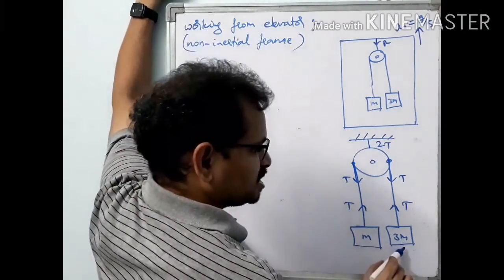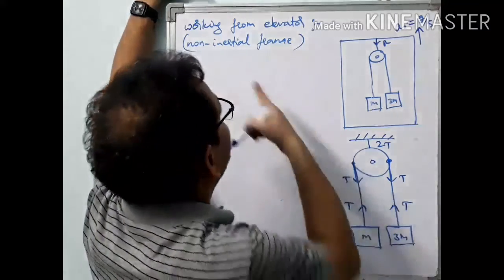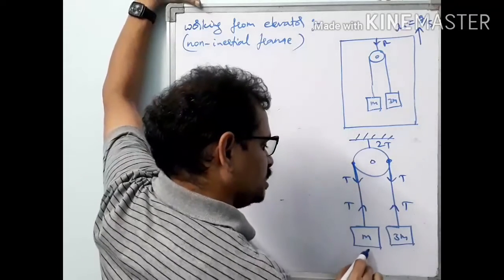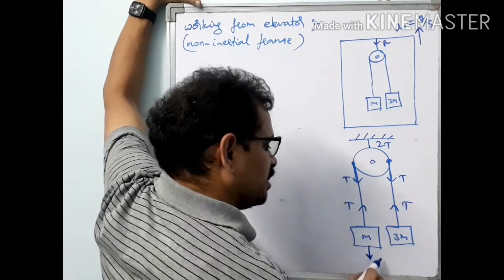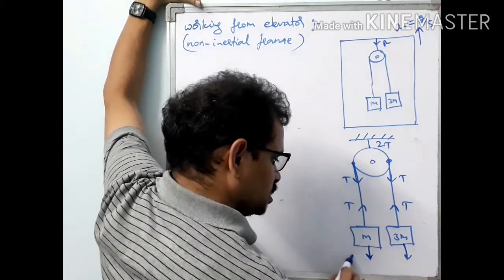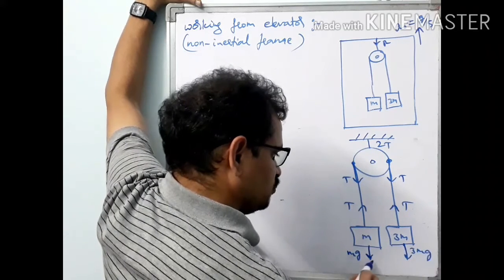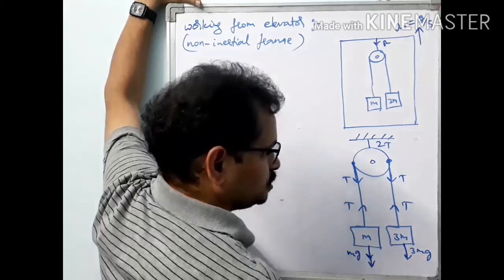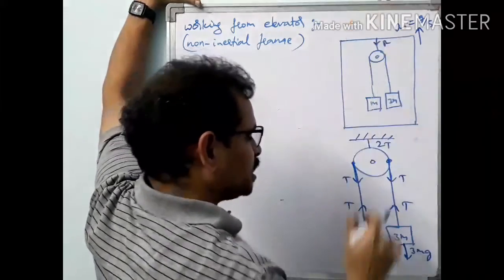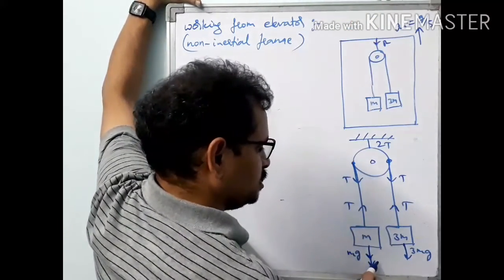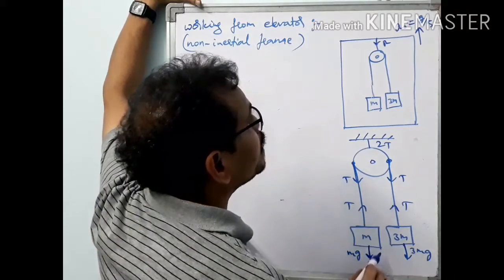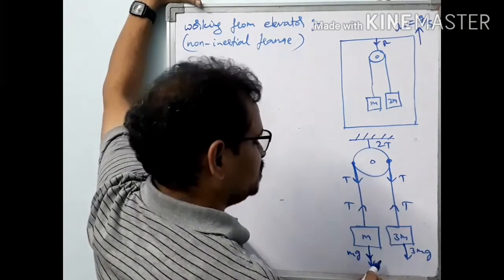What are the forces acting on these blocks? Since we have considered non-inertial frame of reference, in addition to the gravitational forces, mg here and 3mg here, there is another force, the pseudo force. Since the car is accelerating in upward direction, the pseudo force will be in downward direction. What is it? m a0, no? So here mg by 5.